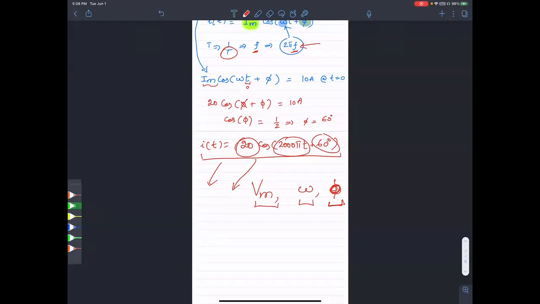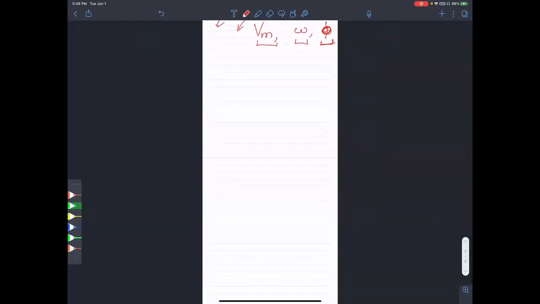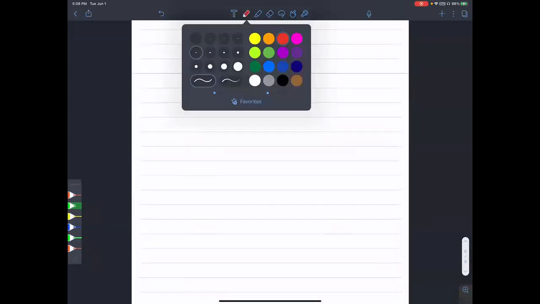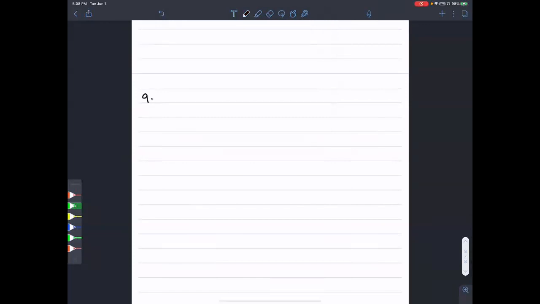Now, that's 9.1. And 9.2, like I mentioned, is sinusoid steady state response. I'm probably not going to spend a lot of time talking about 9.2, sinusoid response. I'm particularly interested in steady state response.